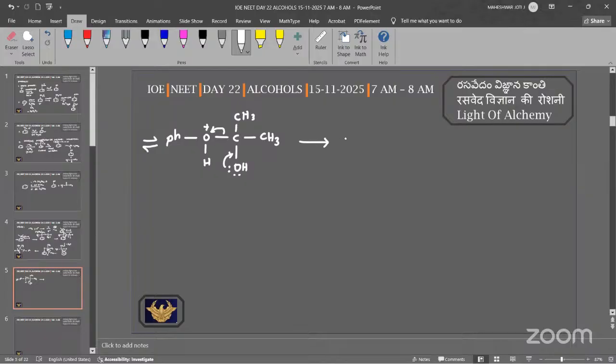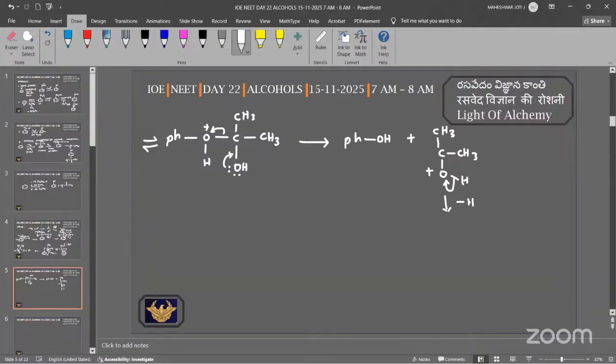Then here it gives phenol plus CH3, CH3, C, OH plus. Now in the next step, this electron density transfers here.